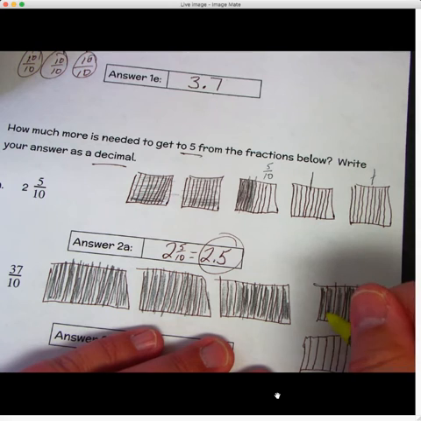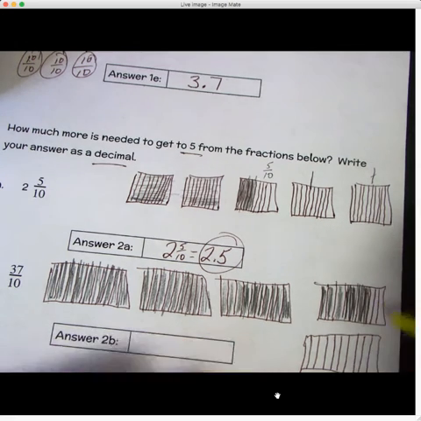Did I get 7? 1, 2, 3, 4, 5, 6, 37. Whew, you got to look carefully.